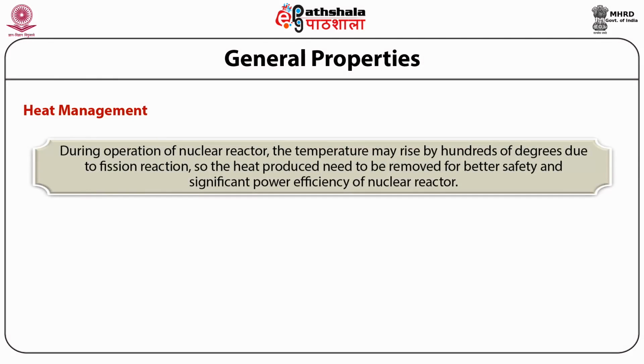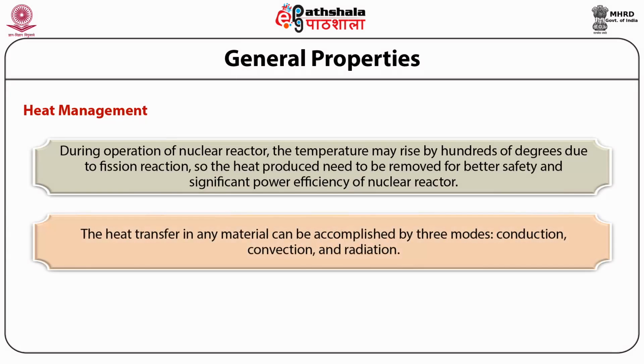During operation of a nuclear reactor, the temperature may rise by hundreds of degrees due to the fission reaction, so the heat produced needs to be removed for better safety and significant power efficiency of the nuclear reactor.